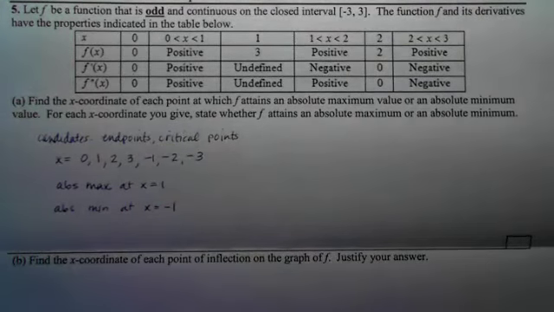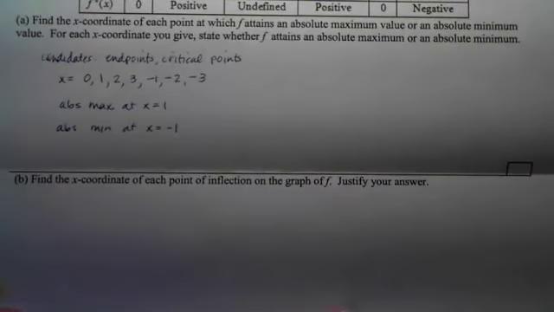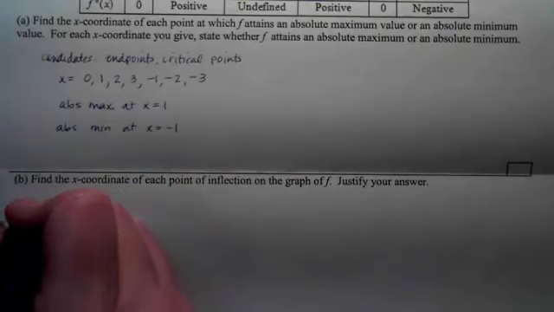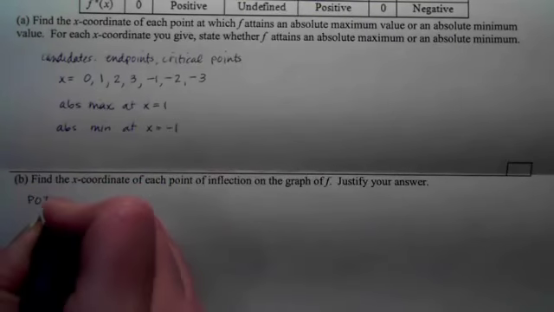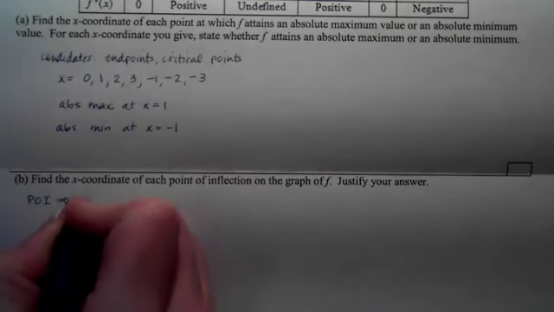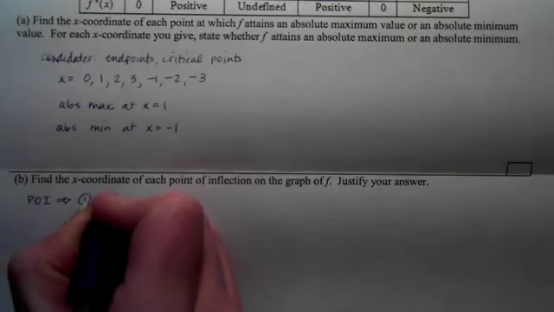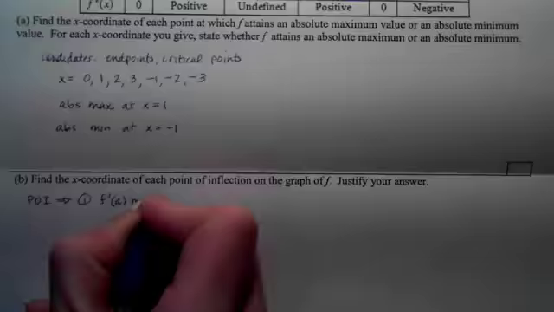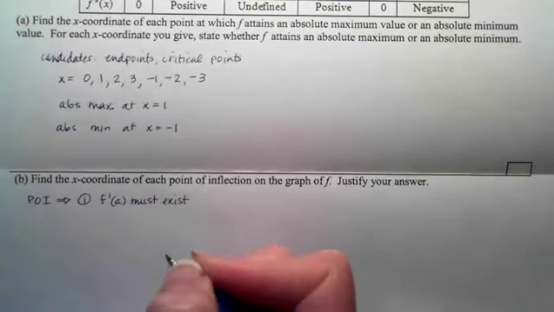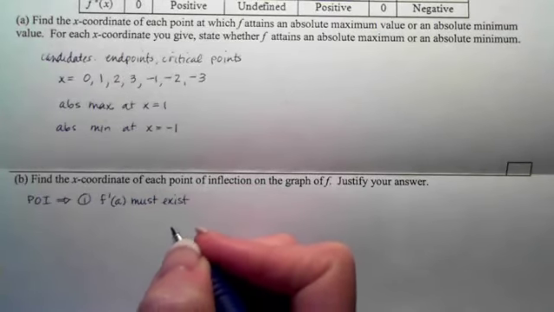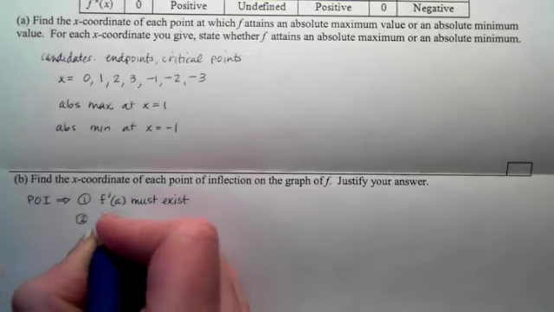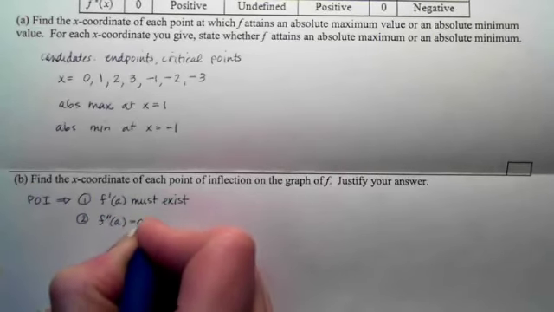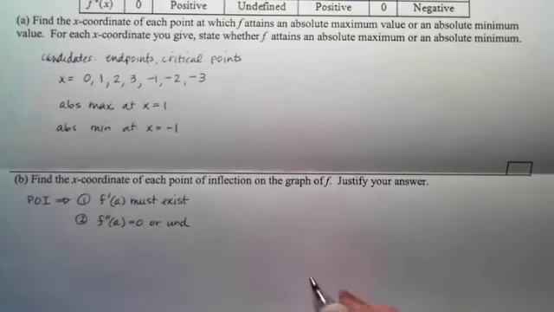Part B says I now want to find the x-coordinate of each point of inflection and justify the answer. So in order to be a point of inflection, we must have 3 things. The first thing is that f prime of A must exist. If you don't have a first derivative, you can't get an inflection point. The second thing that must happen is f prime of A must be 0 or undefined.